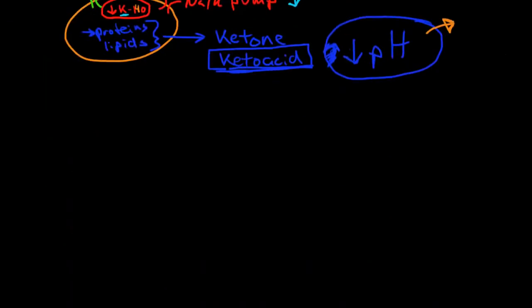The next thing I wanted to talk about are the long-term effects, long-term complications. And the major long-term complications from diabetes are primarily due to the effects of chronic hyperglycemia on the endothelial cells.